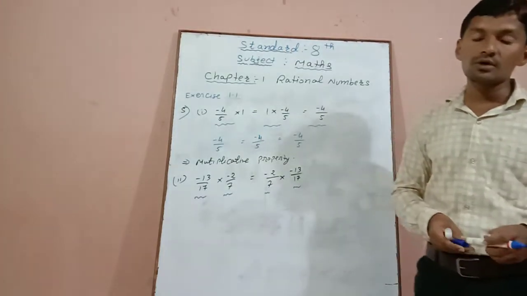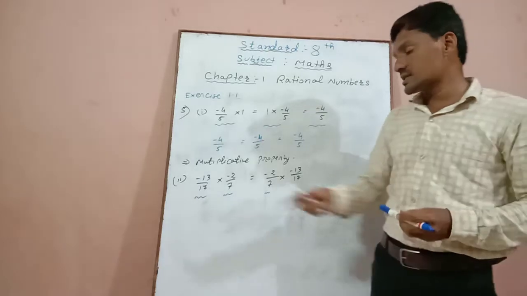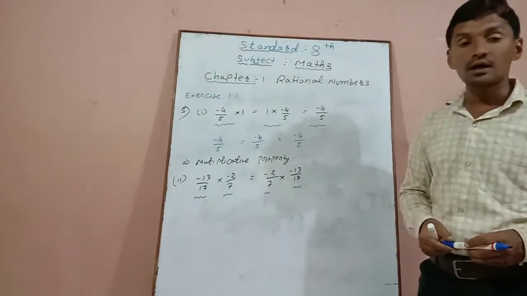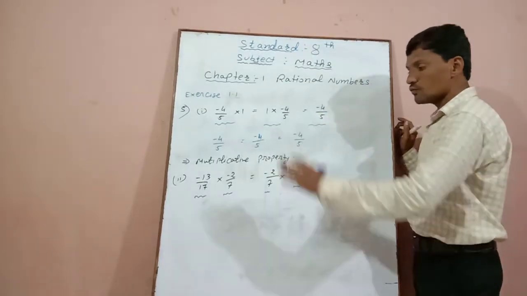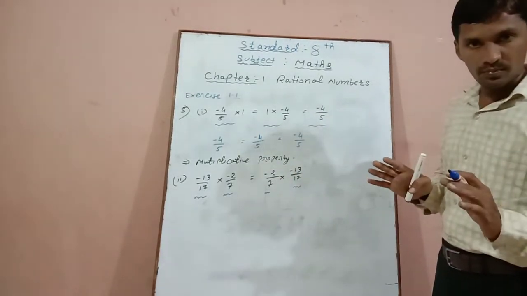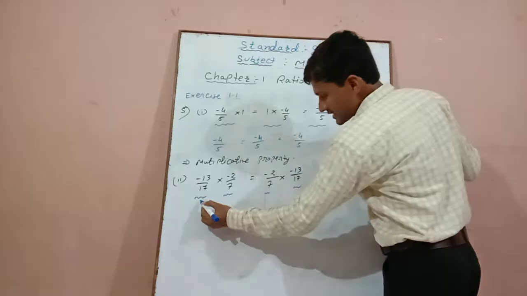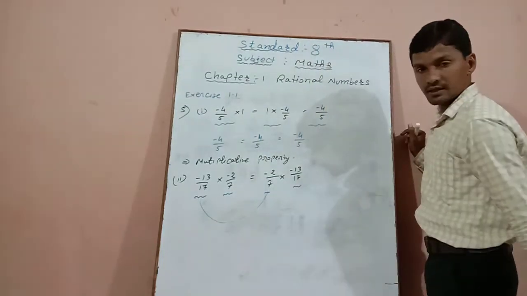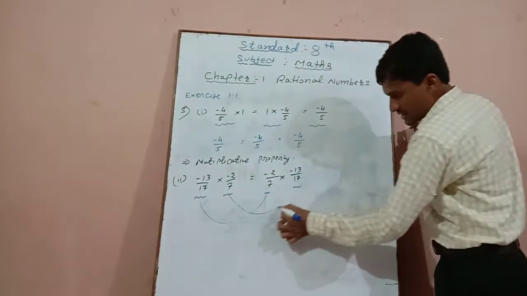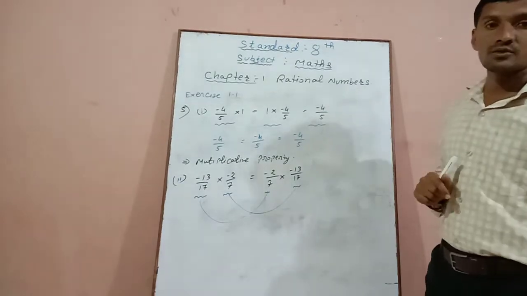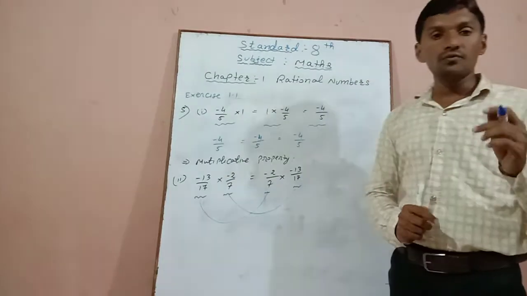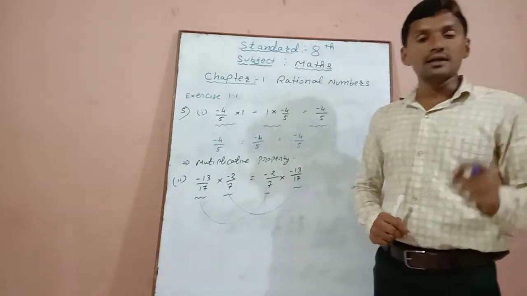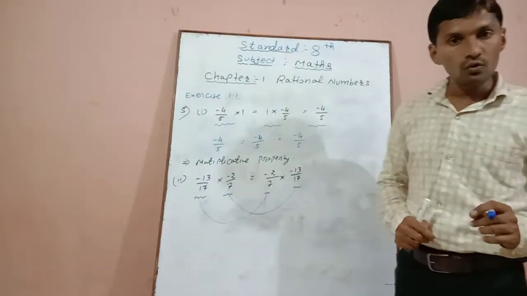By changing their order, if the numbers are the same, then we can say it is a commutative property. Okay, because all four fractions are the same. Here minus 13 by 17, here minus 13 by 17, here minus 2 by 7, minus 2 by 7. So we can say on both sides the fractions are common. So if the fractions are common, then it is a commutative property.